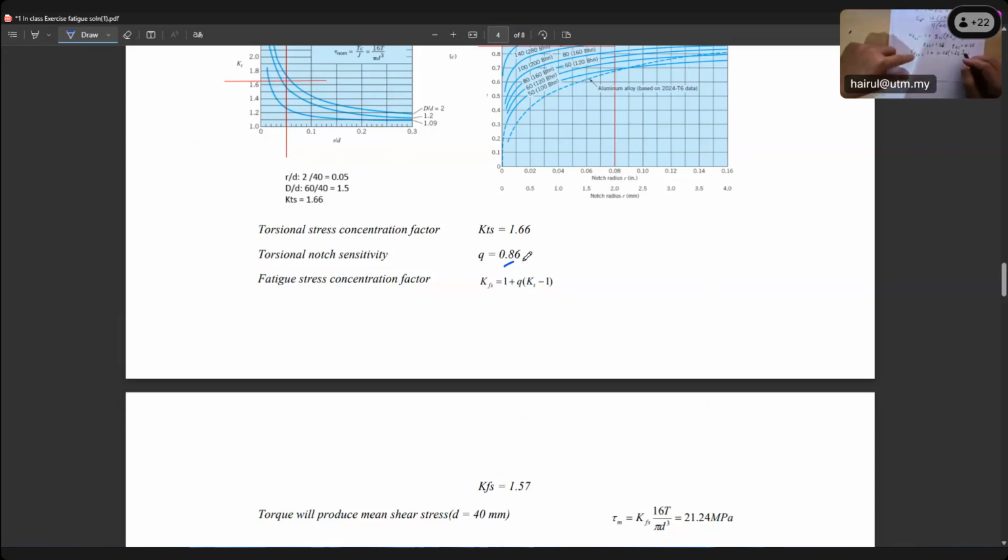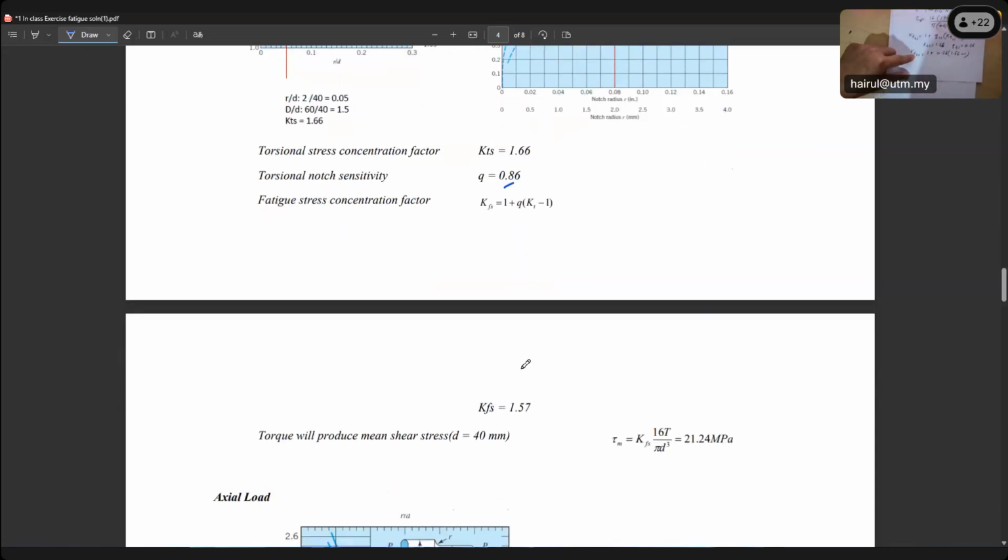So that's we got KF torsion is 1.57. KF based on torsion is 1.57. Class, are you listening or not? Class, are you watching my video class? Yes. Right. So this is fatigue stress concentration factor based on torsion.